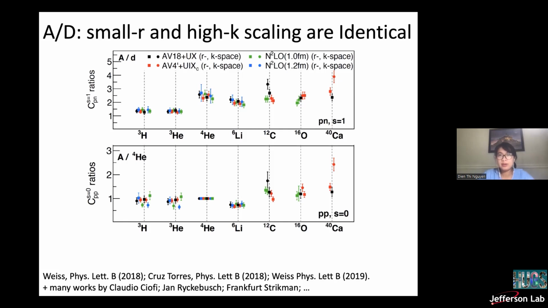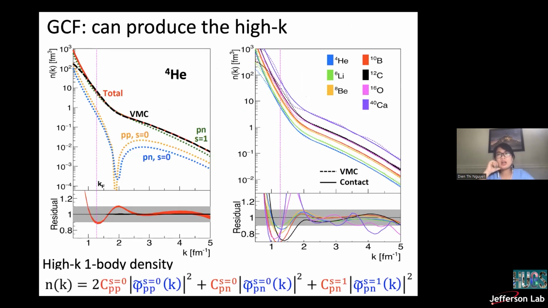nuclear structure behavior. And now this contact can also be used to calculate the one-body density, the momentum distribution. We talked about it many times. This is the equation to show you roughly how we can get the momentum distribution using the different contact terms.